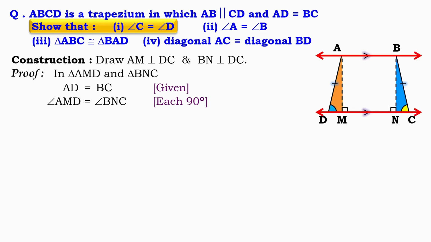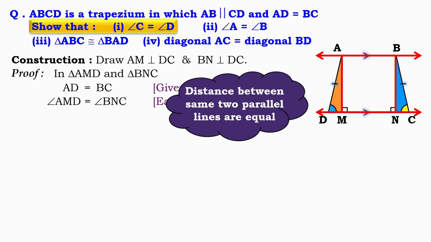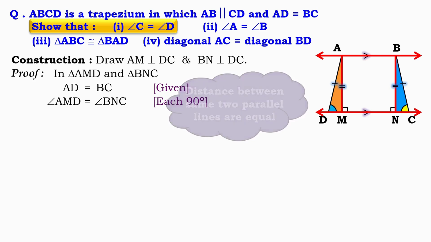And another information is given, that is AM and BN. Okay, so these are two perpendicular lines, that is we can say this is the height between the two parallel lines AB and CD. So that means AM is always equal to BN, because we know that the distance between the same two parallel lines is always equal, correct? So in this case, AM equal to BN.